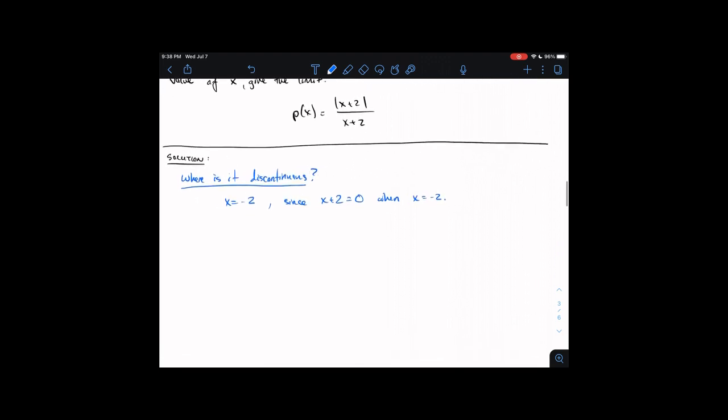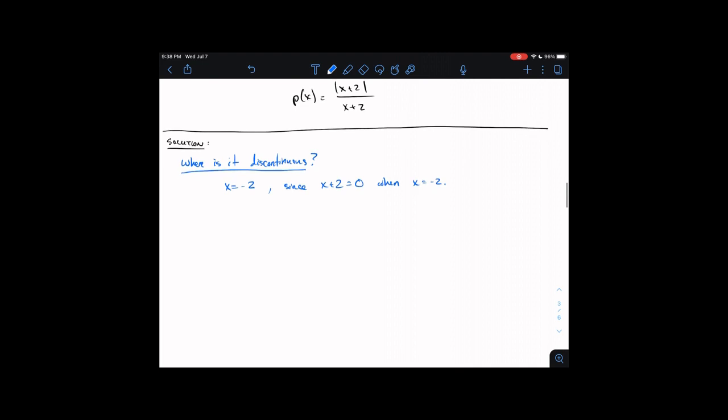Okay, now we need to find the limit. If we draw this function quickly, here's -2, so it's undefined here. There's -1, there's 1.